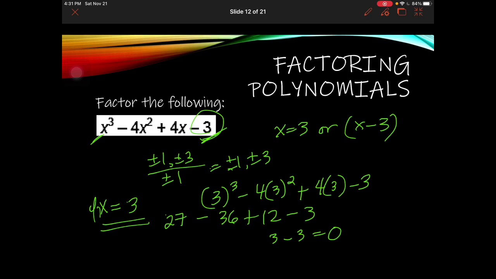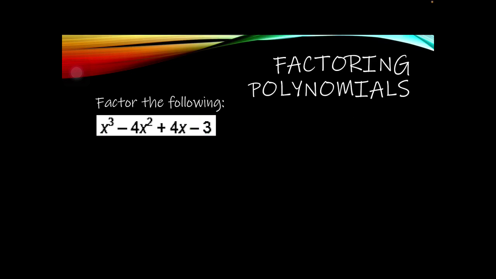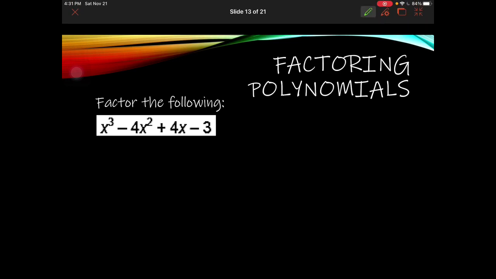So, i-divide natin para malaman natin yung kalalabasan. So, meron tayong x minus 3. Pag dinivide natin siya sa x cube minus 4x squared plus 4x minus 3, ano kaya ang makukuha natin? So, we will get x squared, x cube.